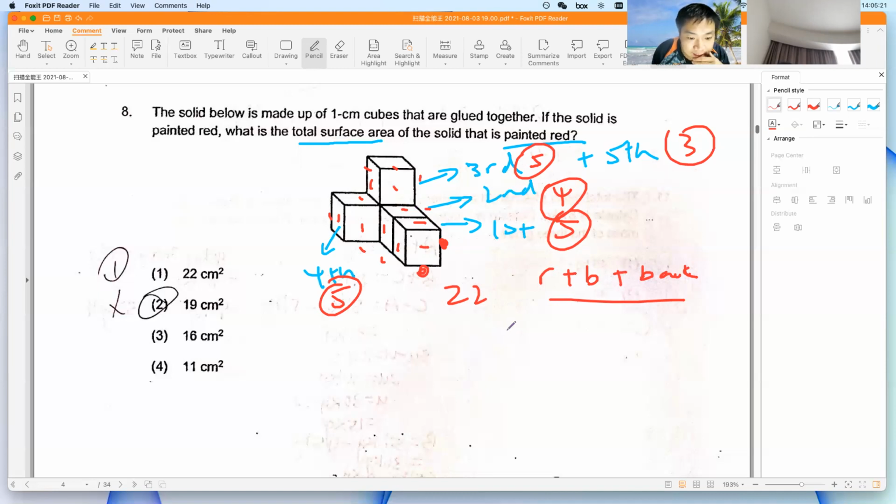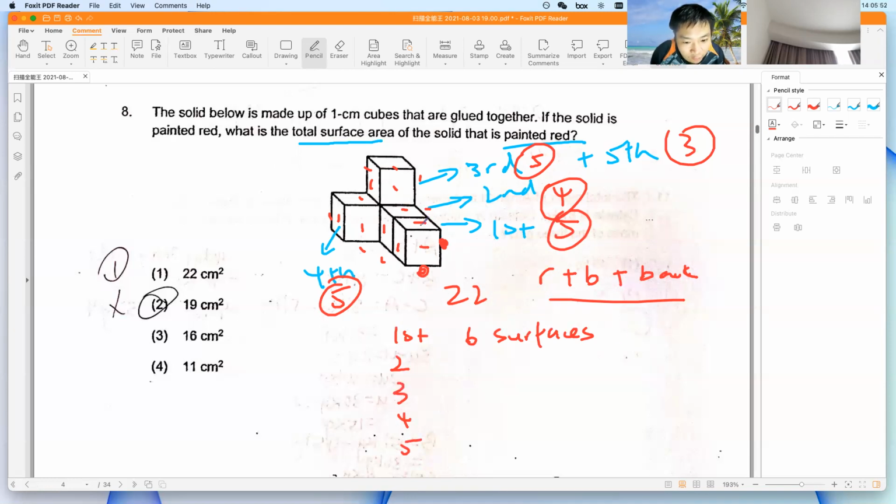Okay, actually if you want to do it more systematically, the way to do it is, for every cube, let's say you have the first, second, third, fourth, fifth. For every cube, you have 6 surfaces in total. Then you just have to eliminate the ones that are not painted.